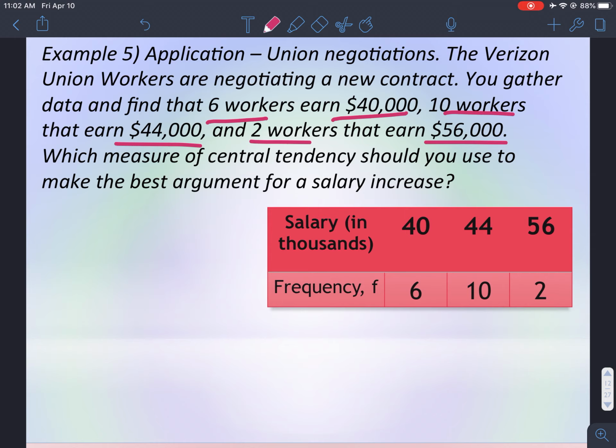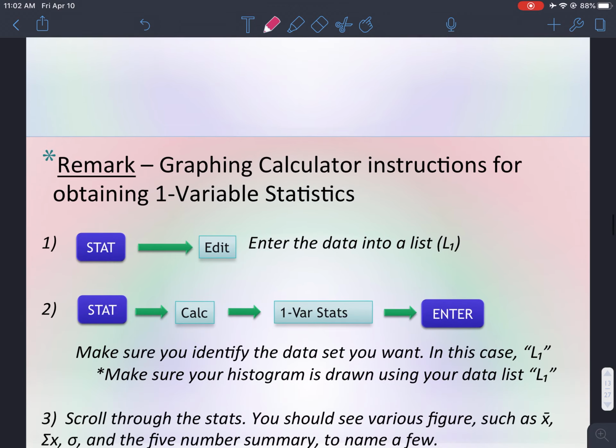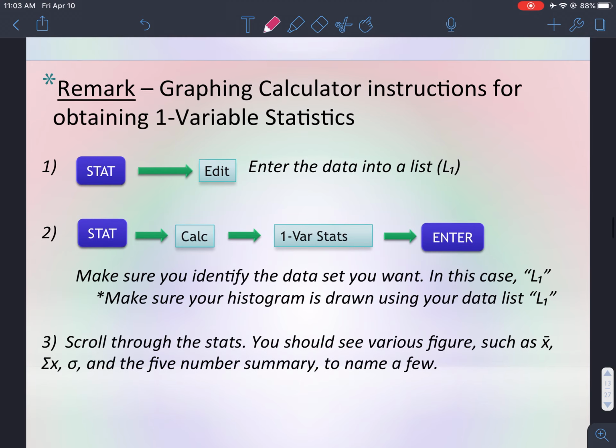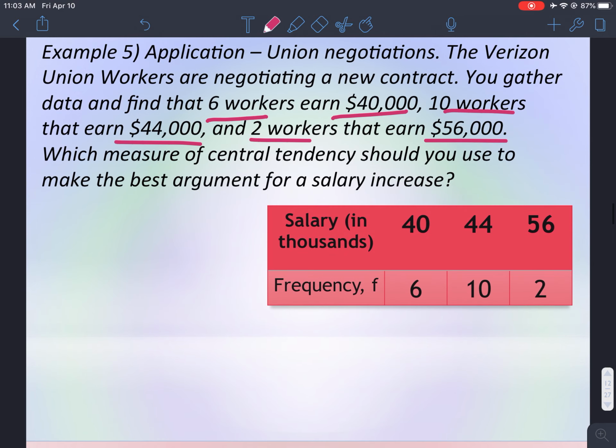In order to do this problem, we're going to use the graphing calculator. So take a look at these instructions. And we want to be able to do that with this data set.